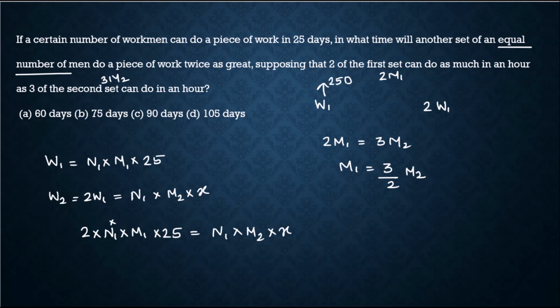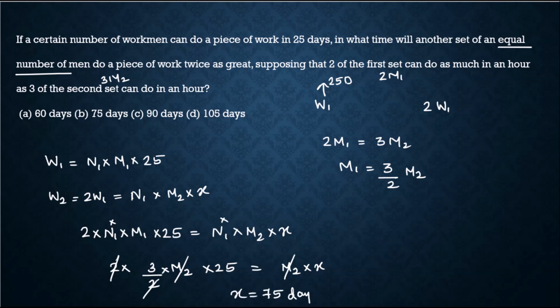So in the place of M1, we can put 3 by 2 M2. On both sides, N1 cancels. So 2 into 3 by 2 into M2 into 25 equal to M2 into X. So 2 cancels. M2 cancels. Therefore, X is equal to 75 days.